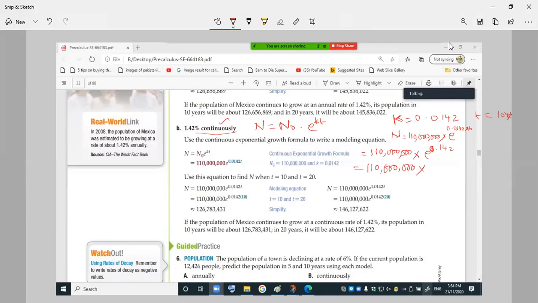So the result is 1.152576649 times 110000000. So you get the answer that is correct: 126783431.3, so approximately 431. That's why we are using the approximation sign.